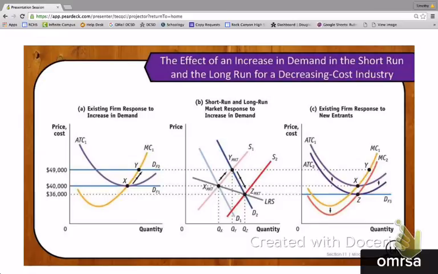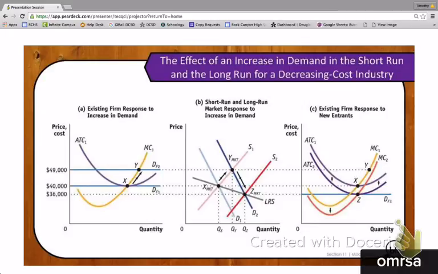But if you have a decreasing cost industry, the long-run supply curve will actually be downward sloping. This would occur if entry of new firms actually caused inputs to become less costly, and there might be economies of scale.